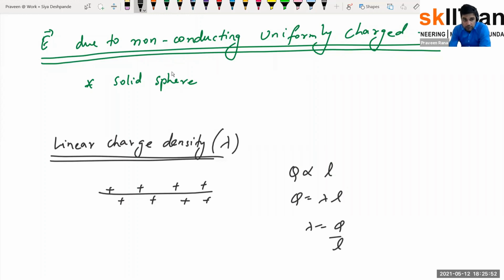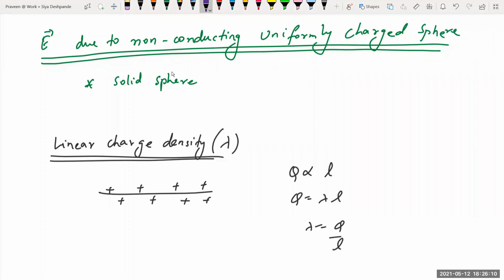You can see the charge depends on length only. It doesn't depend on the area or the volume. So instead of defining all the three variables, length, breadth, and height, we are only taking one variable, which is length.